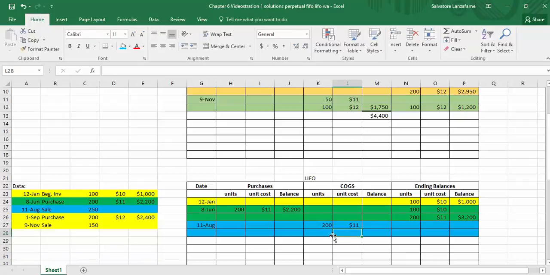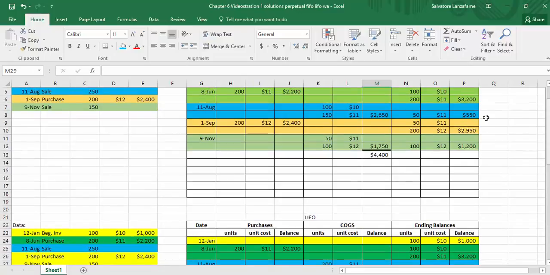And then we're going to grab 50 from the $10 group. So our cost of goods sold balance is 200 times 11 plus this 50 times the $10, and we get $2,700.